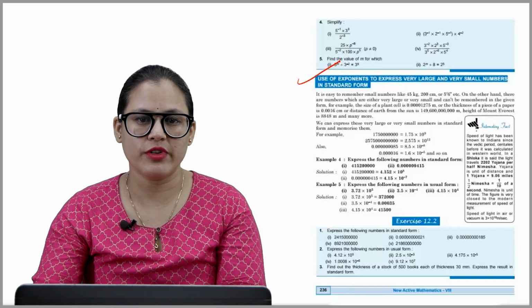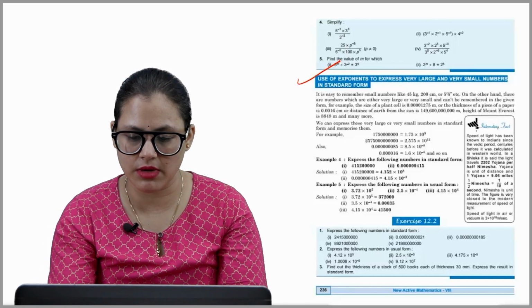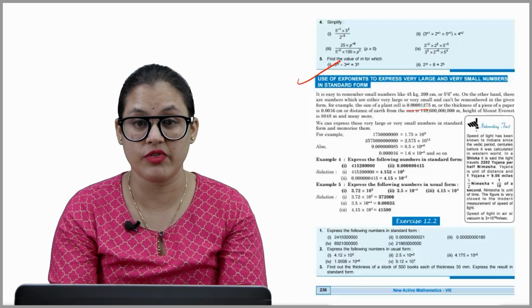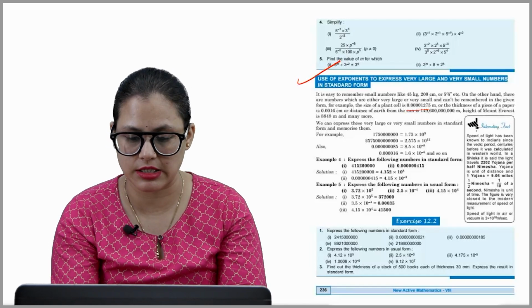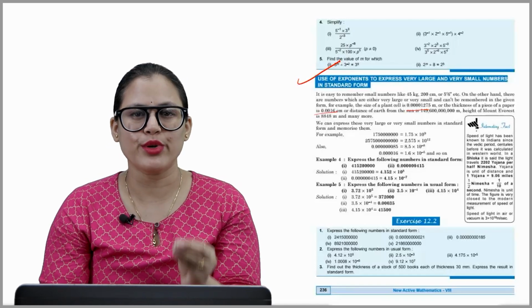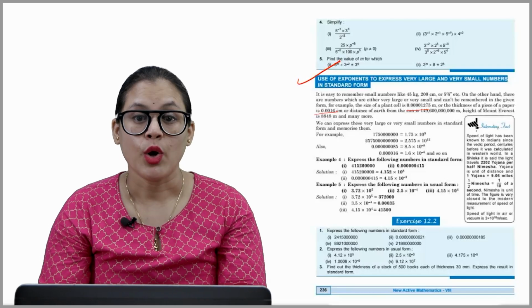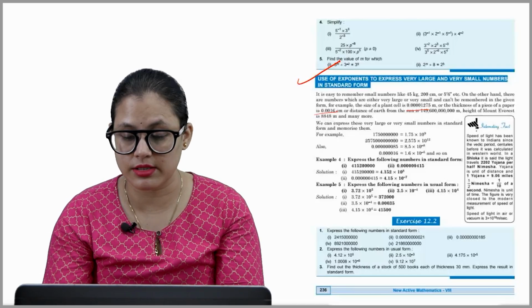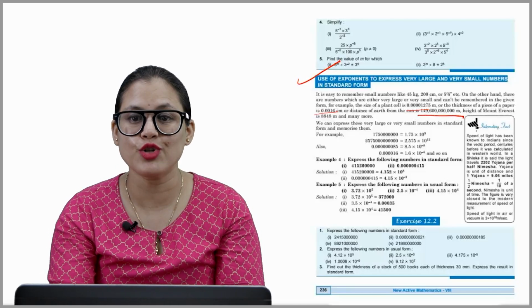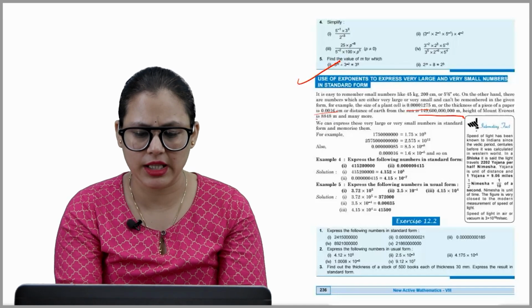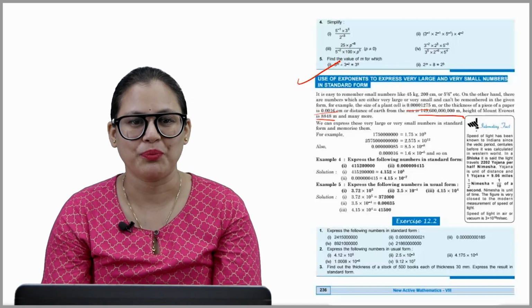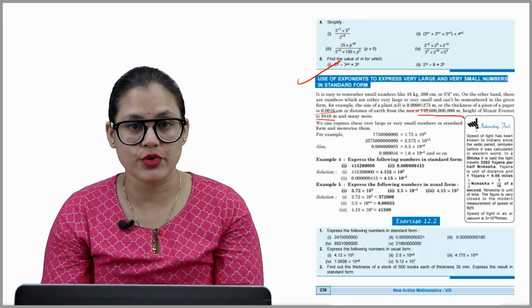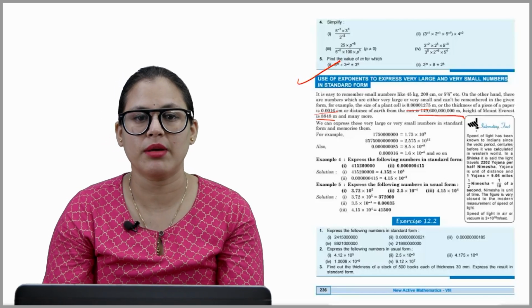For example, the size of a plant cell is this much small, or the thickness of a piece of paper is 0.0016 centimeter, or distance of Earth from the Sun is this much, height of Mount Everest is 8,848 meter, and many more. So we can express these very large or very small numbers in standard form and memorize them.